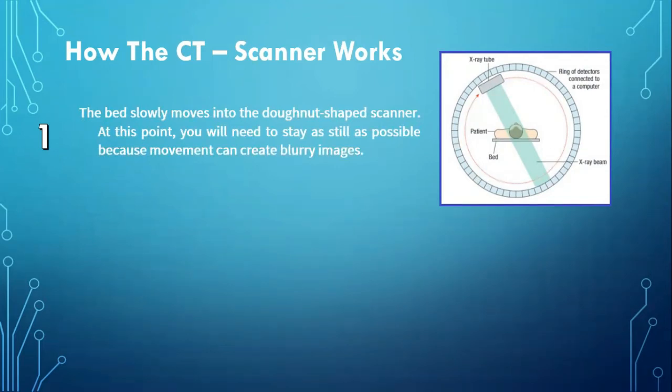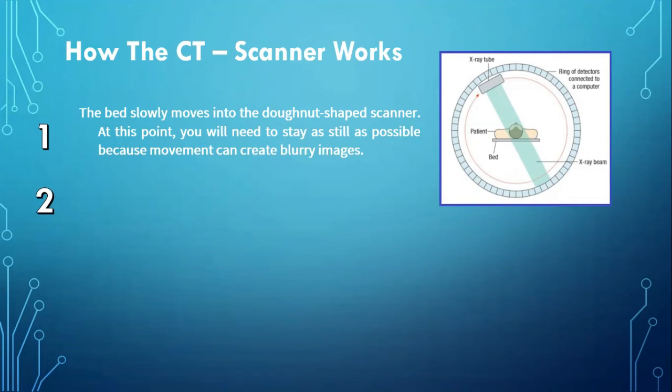At this point, you will need to stay as still as possible because movement can create blurry images. Two, the scanner takes pictures of the area the healthcare provider needs to see.